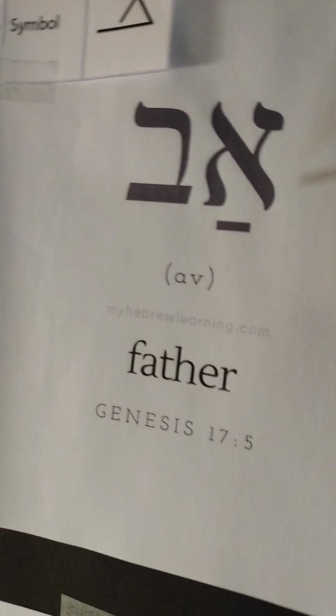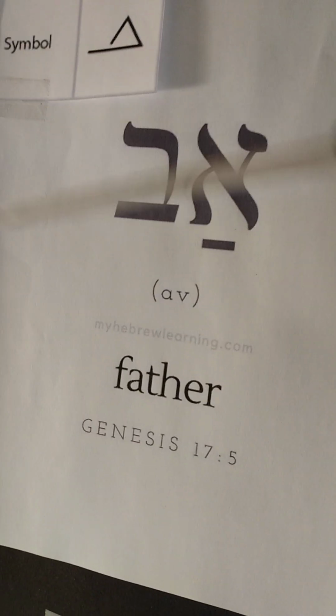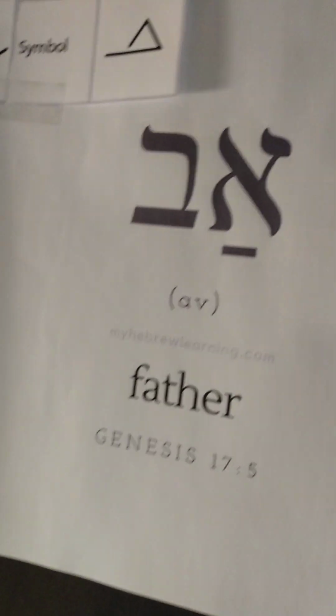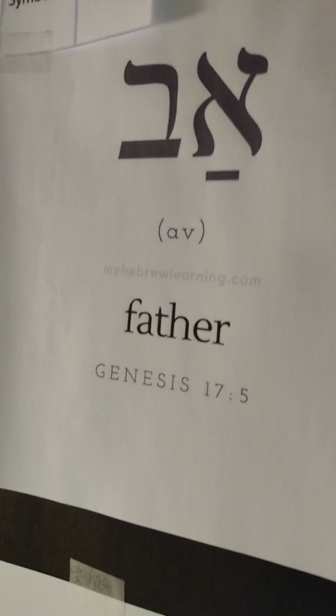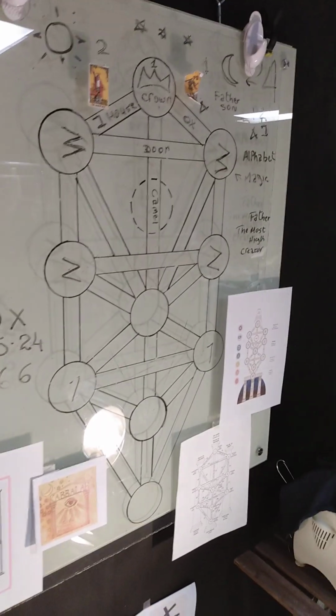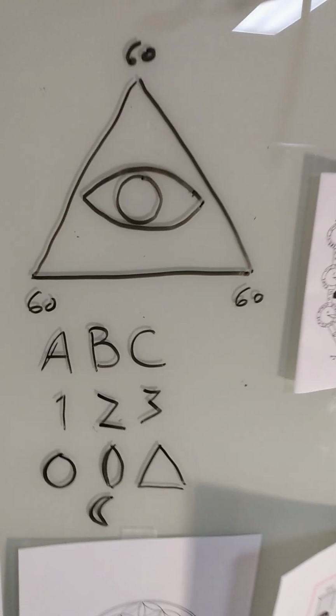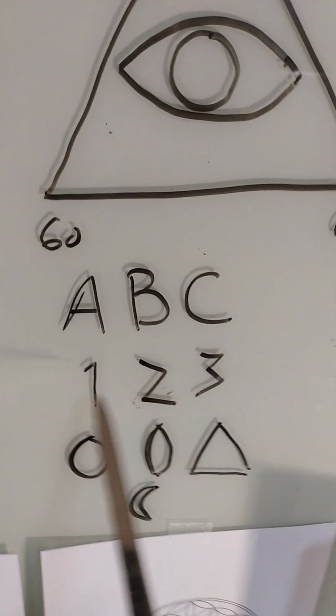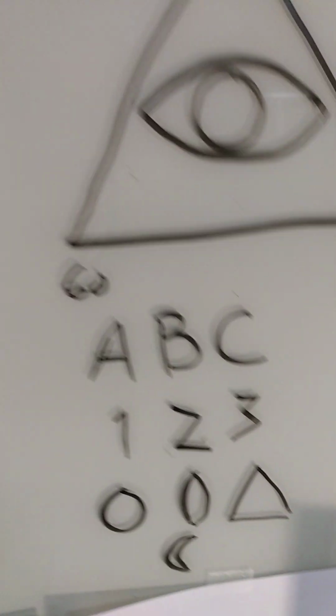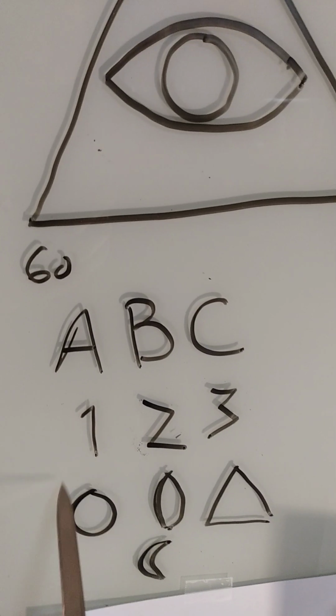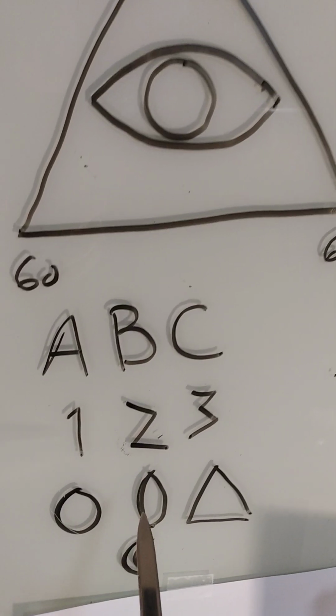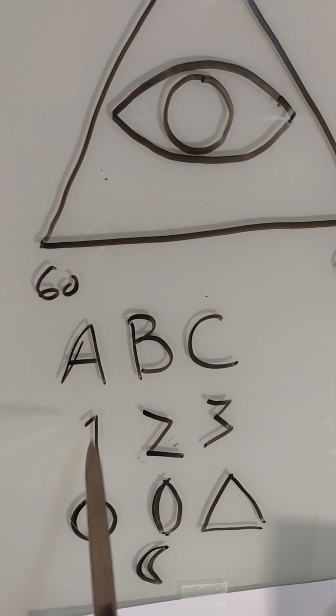Aleph Bet, you know, in Hebrew, going this direction is father. And your alphabet all came out of the tree of the Kabbalah. And if we look at our ABCs and our 1, 2, 3s, you will find that they're associated to symbols that are associated with their angles.